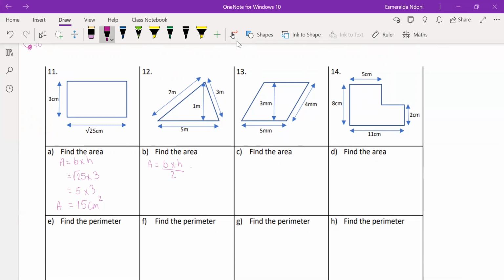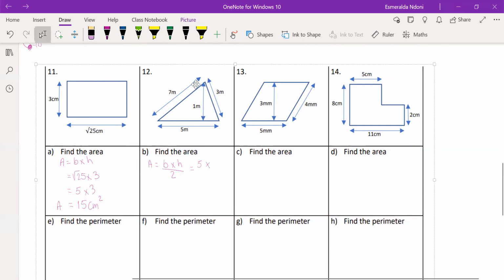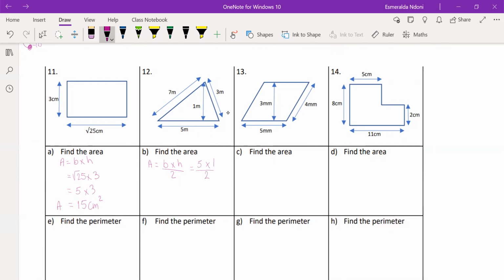We can see that the base is 5. The height is the one that's standing up, the one that's perpendicular. We already said in class, it's not the slanted ones. They're just there to confuse you. They're just there to test you, actually. So the one that we need is 1. You should be very proud of yourselves if you knew this, because almost every child gets this wrong.